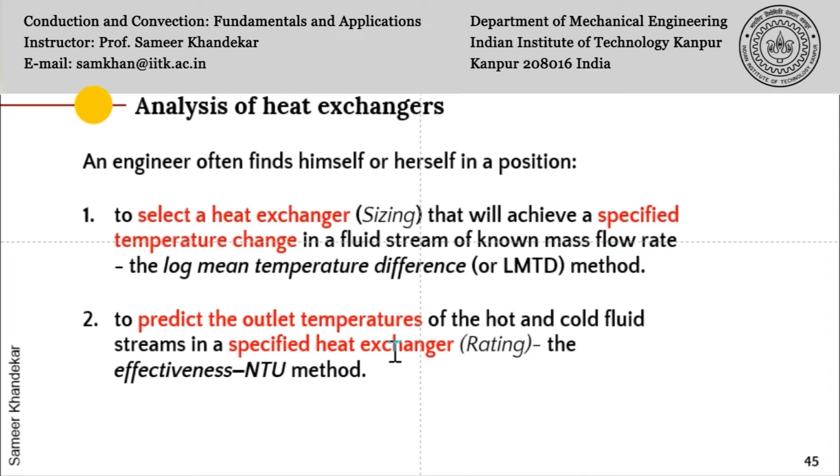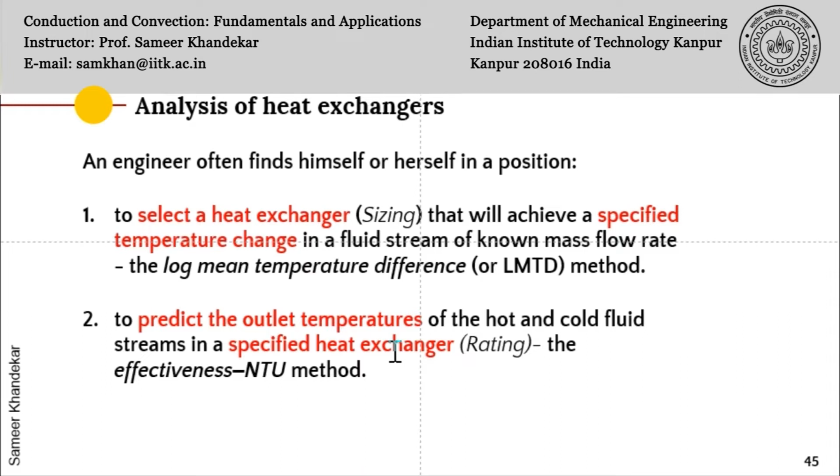Such types of problems can be solved by another elegant method, which is called the NTU effectiveness method. So after we study the LMTD method, we will also study the NTU effectiveness method. NTU means number of transfer units, and we will spend a considerable amount of time after these lectures to understand the effectiveness of a heat exchanger and NTU.